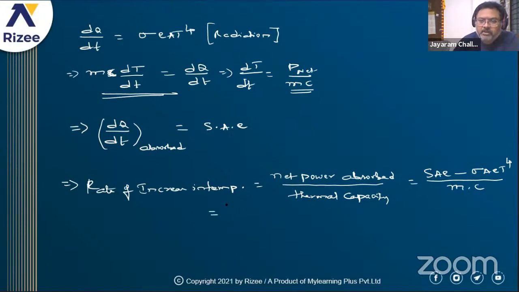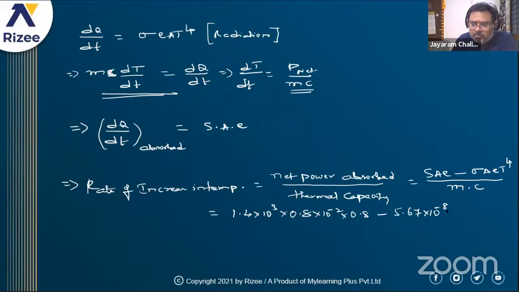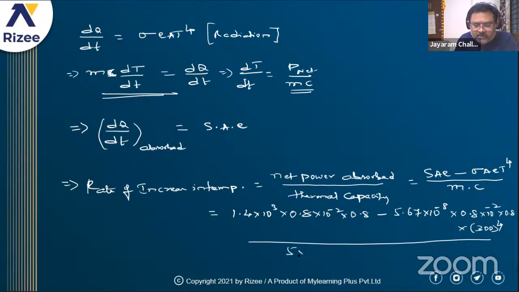So now when I substitute the values here, solar constant is 1.4 kilowatts, so this is 1.4 into 10 to the power of 3, into area 0.8 into 10 to the power of minus 2, into emissivity 0.8, minus the Stefan's constant, whose value is 5.67 into 10 to the power of minus 8, into the area 0.8 into 10 to the power of minus 2, into emissivity 0.8, into T power 4, which is 300 to the power of 4, whole divided by mass 5 into 10 to the power of minus 4, into 0.8, into 4.2 into 10 to the power of 3 for the kilo conversion.